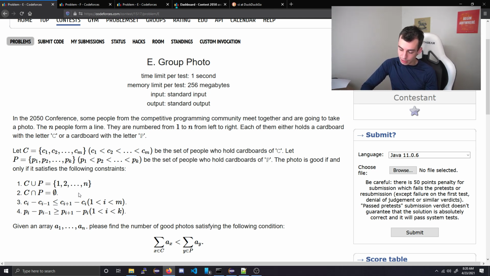The P's get less spaced out. So if you ever have two P's next to each other, then this all needs to be P. And then if you ever have two C's next to each other, then this all needs to be C. Like everything to the left needs to be a C.